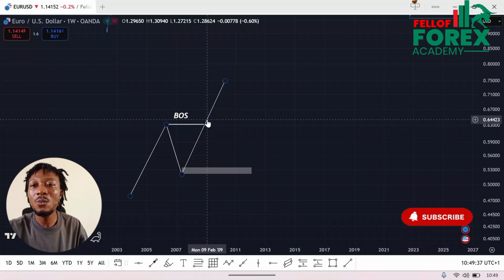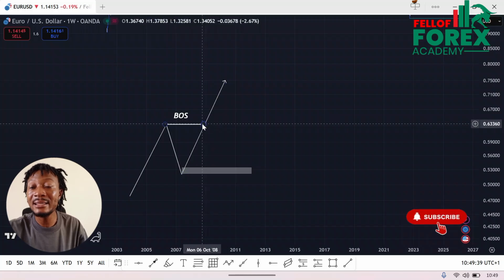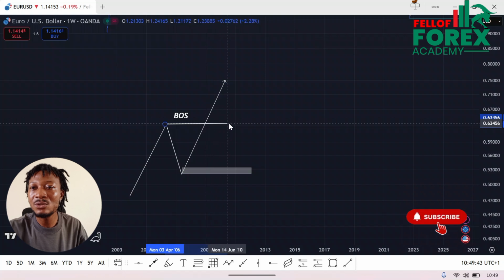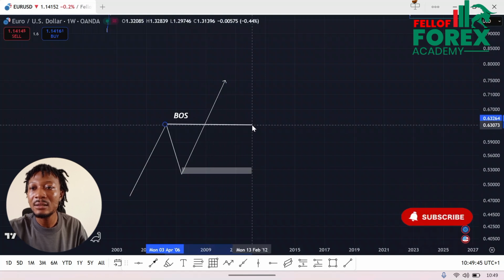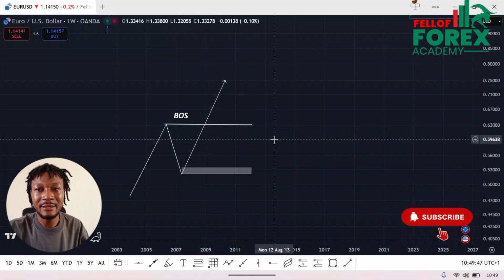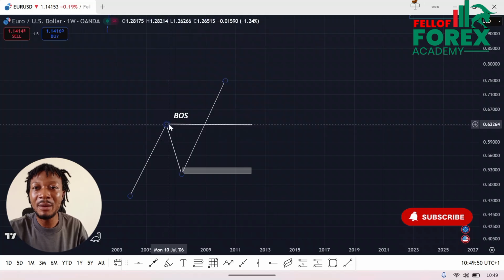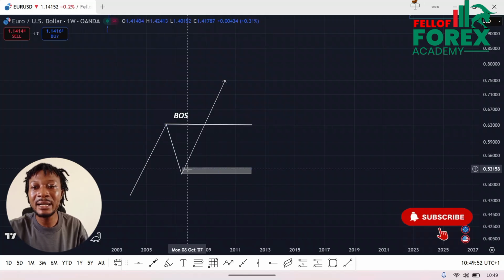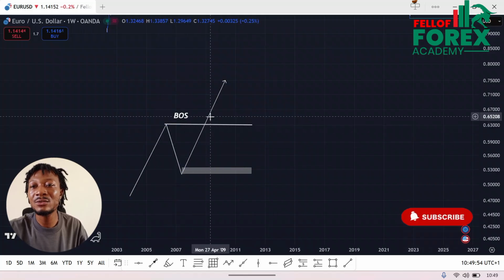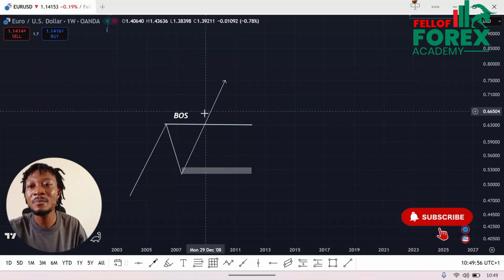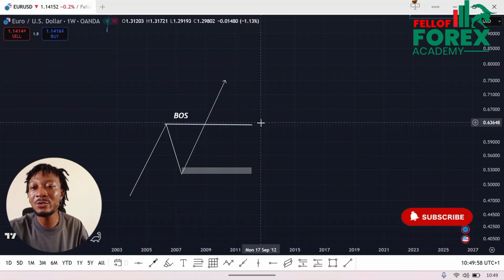The third thing I do is I extend my break of structure line to the right side. The first thing was marking out my break of structure. Second thing, marking out the higher low that led to the break of structure. And the third thing, extend my break of structure line.